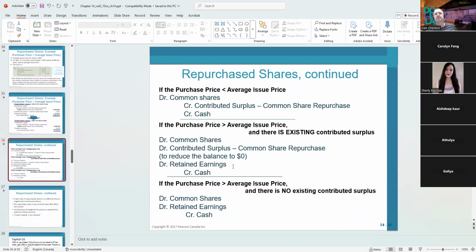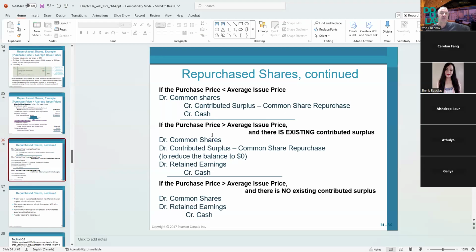So again, the general rule for the journal entry: if the purchase price is less than the average issue price, so if you purchase it cheaper than what you got, then you're creating contributed surplus.